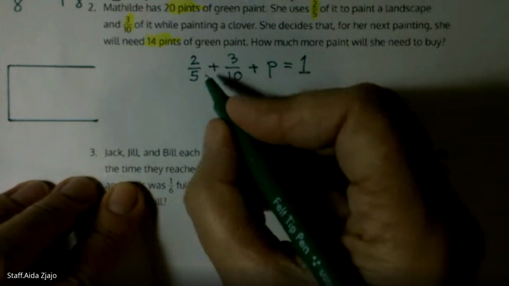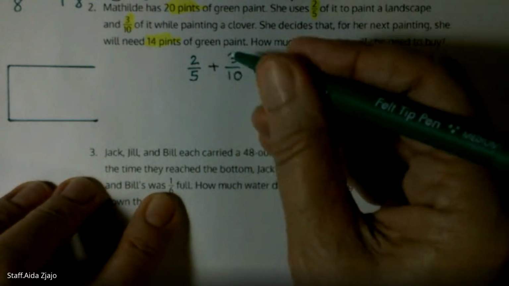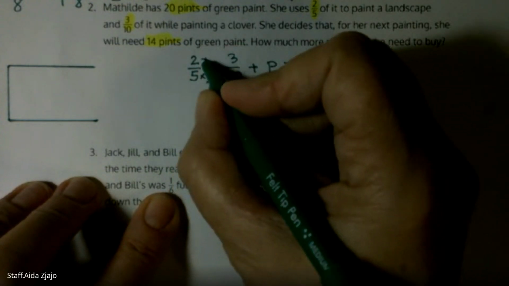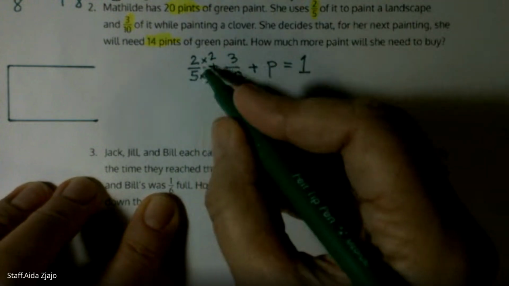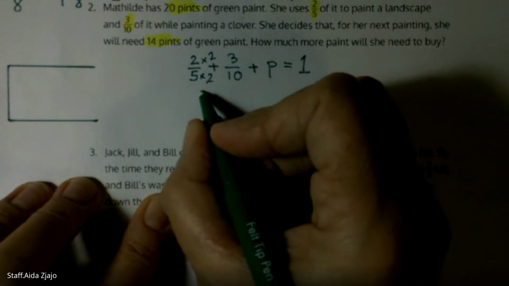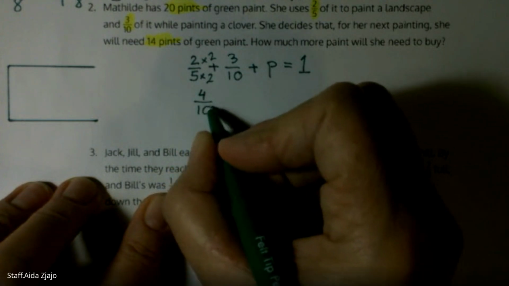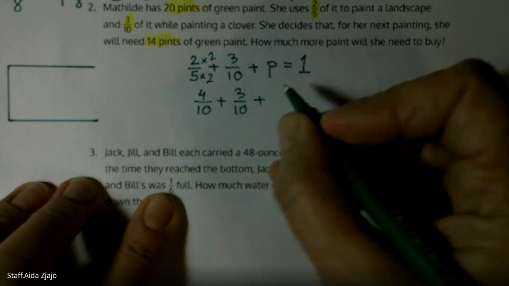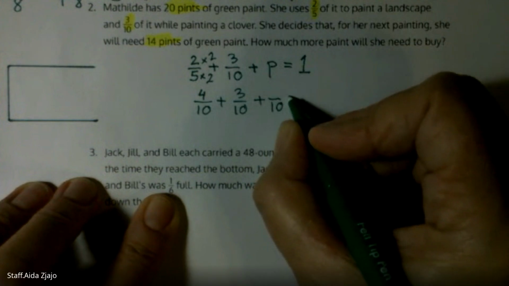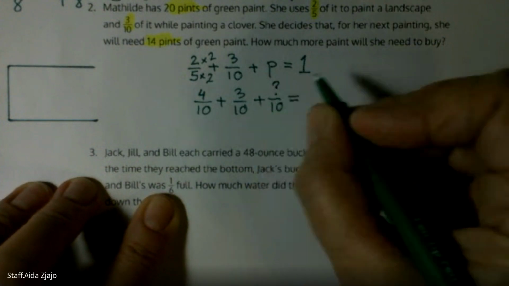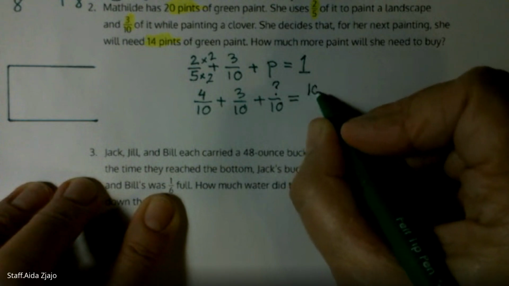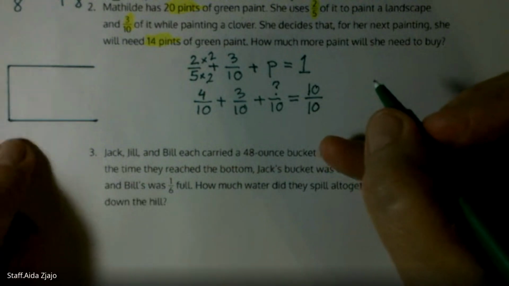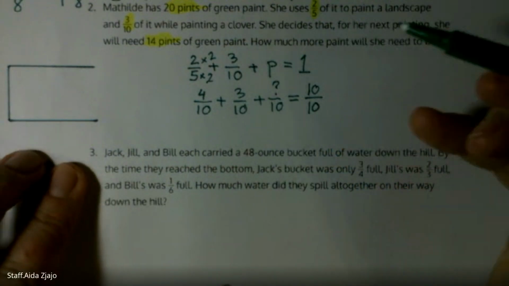Now these fractions are not the same, so it's easy to change the fifths into tenths. So 2/5 is the same as 4/10, plus 3/10, plus some leftover tenths must equal 10/10 of the whole paint.